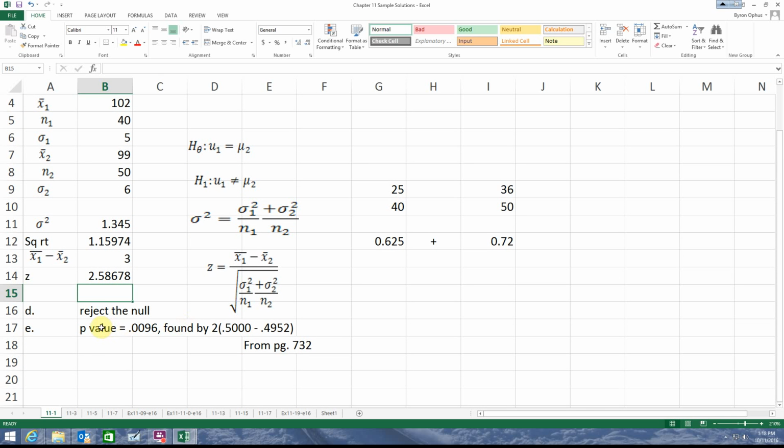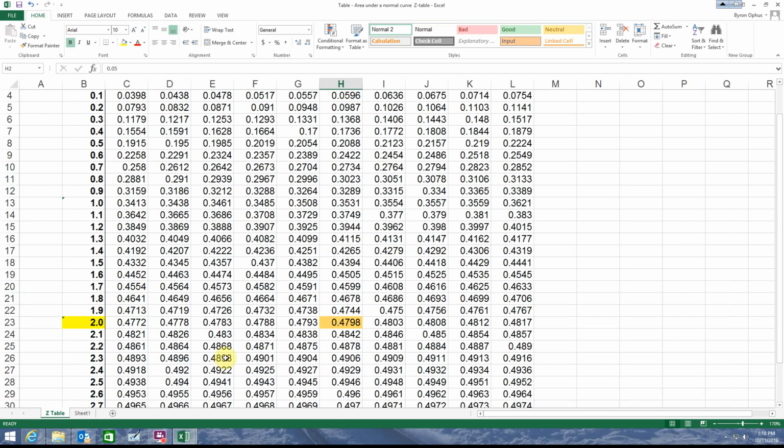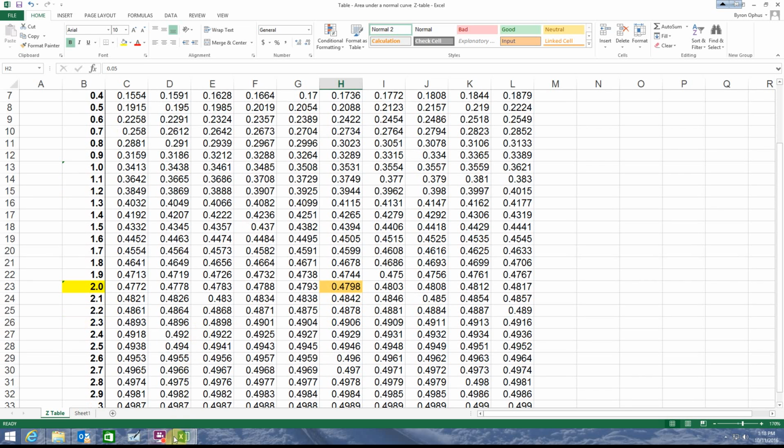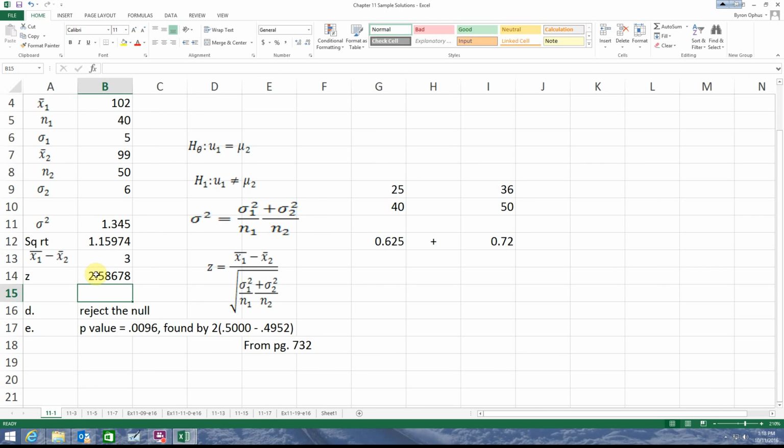Okay, and we have to find a p-value. Remember, we find the p-value by looking at our z value in the z chart. What we calculated was 2.59, let's say.